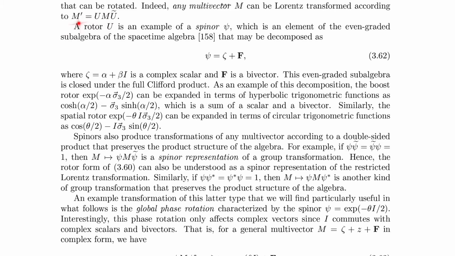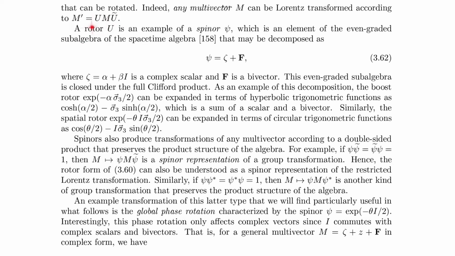So I guess what they're saying here is that if you have a rotor U, it's definitely in this even-graded subalgebra, and therefore, by definition, it is a spinor, because a spinor is by definition an element of the even-graded subalgebra. So we know that our rotors clearly have real parts and bivector parts.